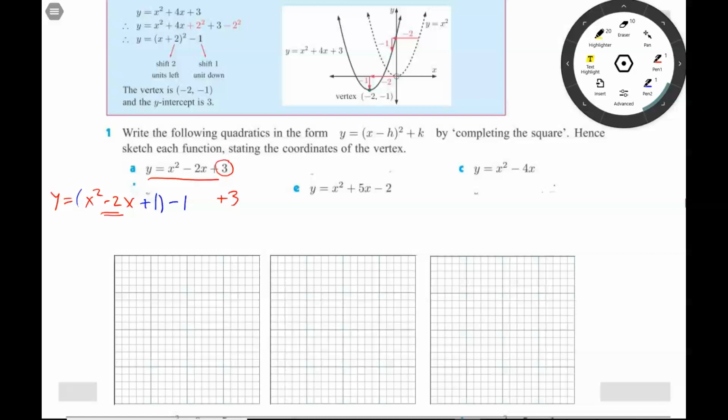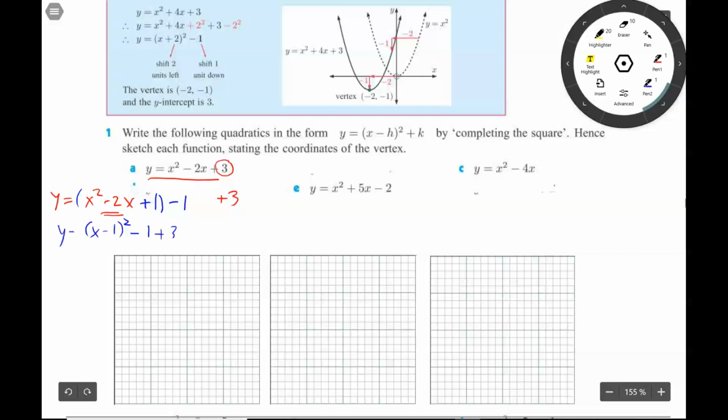Okay, so now if I just separate this out, and I include the +1, but I keep the -1 outside of the parentheses, you can see that I could factor x squared minus 2x plus 1 into x minus 1 times x minus 1. And if I do that, then I'm left with x minus 1 quantity squared minus 1 plus 3, right? -1 plus 3.